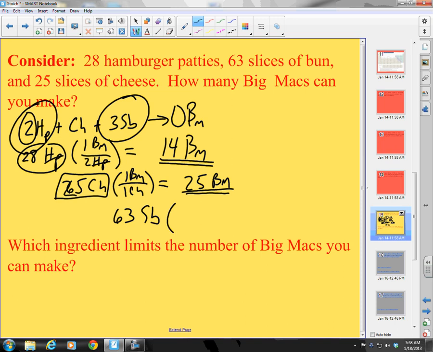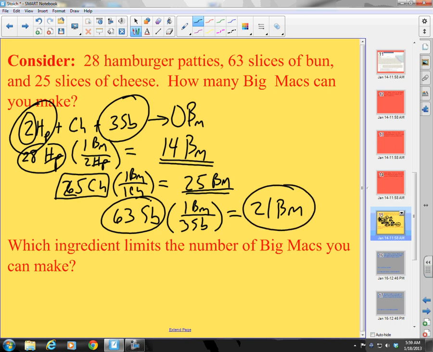Now, what about if I have 63 slices of bread? I can make one Big Mac for every 3 slices of bread. And so that would mean I would have 21 Big Macs that I could make. So if I have 63 slices of bread and lots of cheese and lots of hamburgers, I could, subjunctive here, make 21 Big Macs. But given all 3 of these, given 28 hamburger patties and 25 slices of cheese and 63 slices of bread, how many Big Macs can I really make?